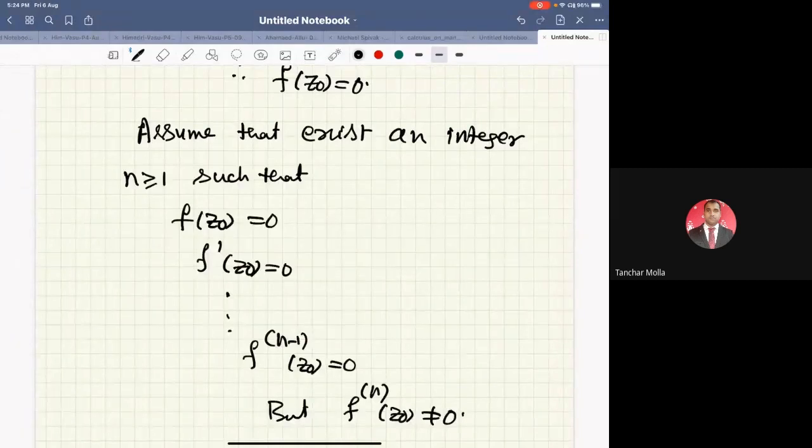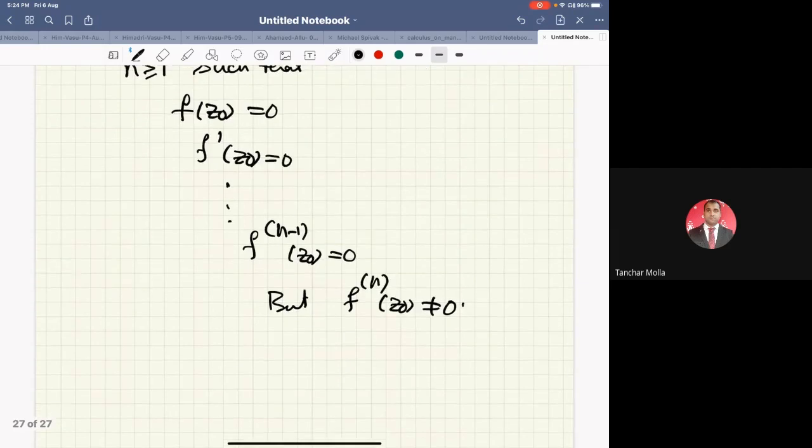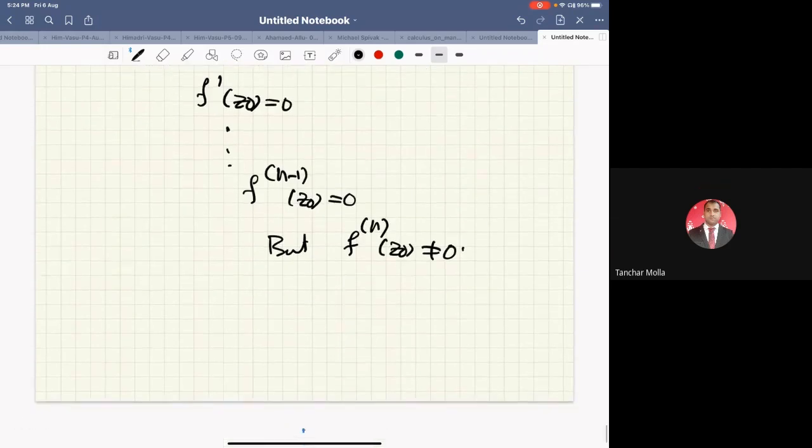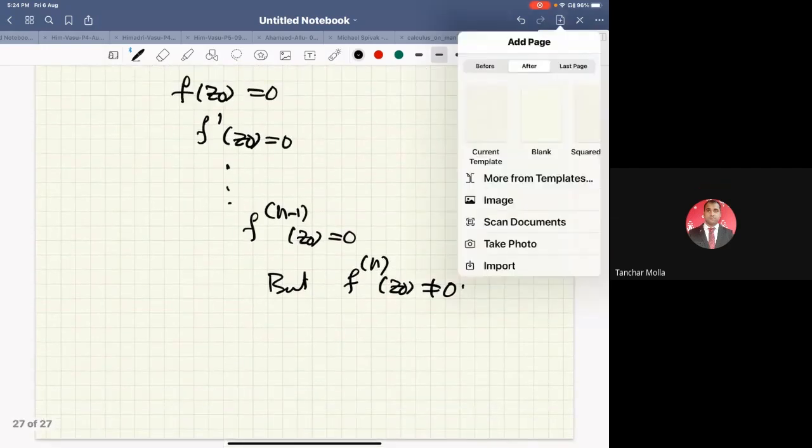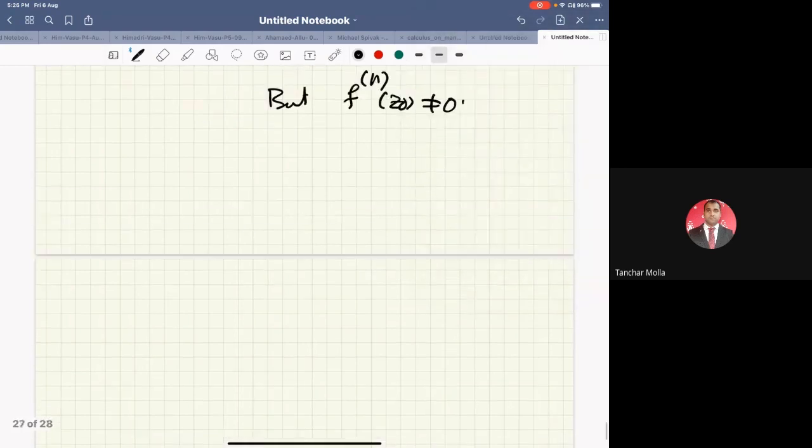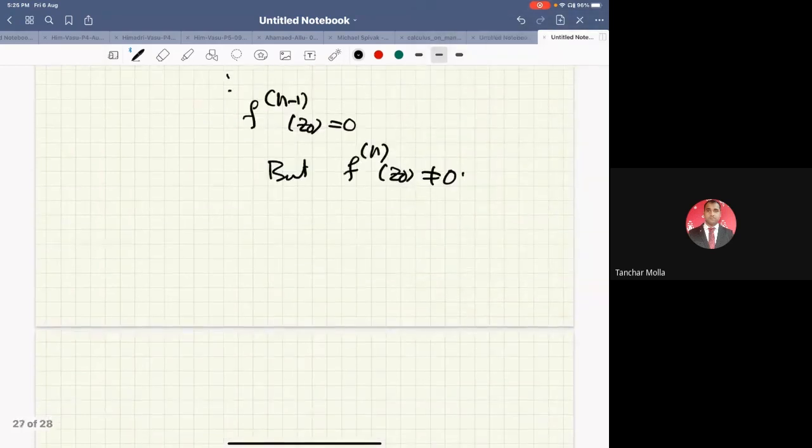Now, since f is an analytic function in the disk D, we can always express it as a power series expansion.